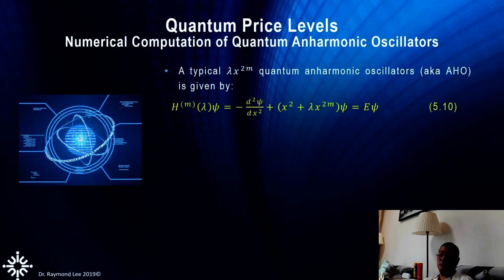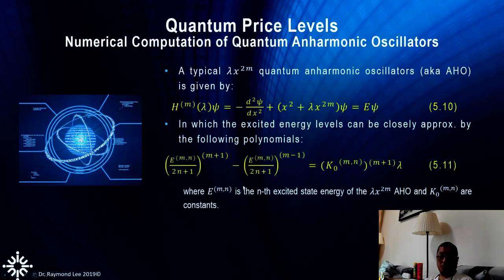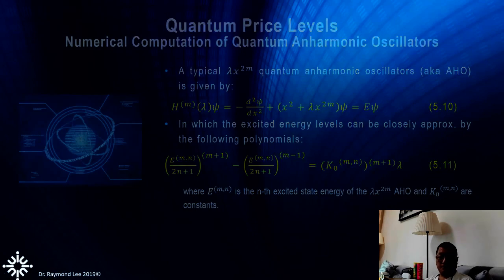So it falls into this category when we set m to 2. The excited energy levels can be solved approximately by the following polynomial. Once you have this pattern, your Schrödinger equation can be solved by solving this equation, which means you can turn your whole calculation into that one. That is the good part, and by doing that, we have the chance to calculate the lambda.